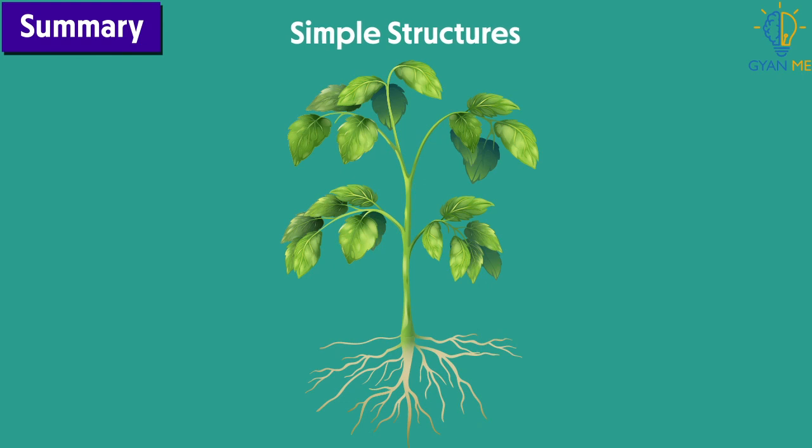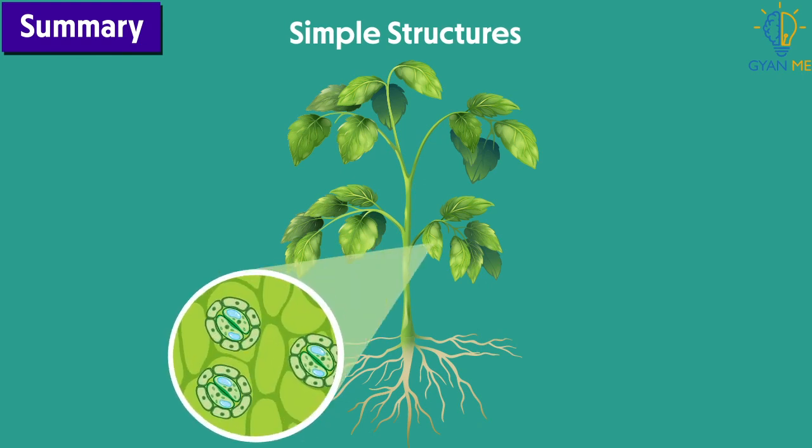Leaves have special structures called stomata to exchange gases. Stems do it through their outer surfaces or lenticels, and roots take up air from the air spaces present between the soil particles via root hairs. And we will see them all in detail in our next video.